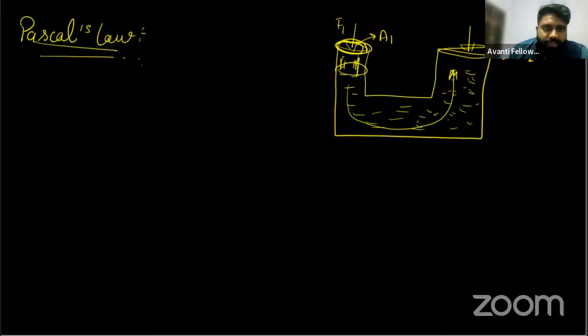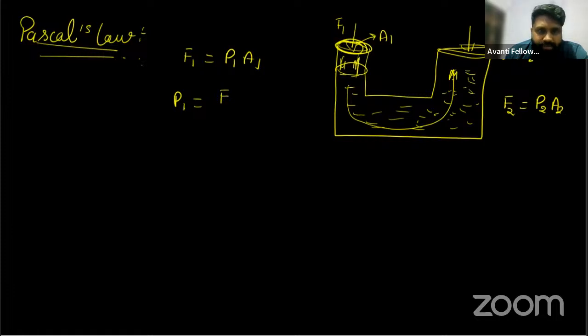So we can say that force F1 equals pressure P1 into A1. And on this side, force F2 equals P2 into A2. Now P1 is F1 over A1 and P2 is F2 over A2.